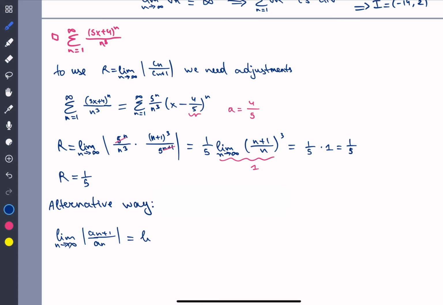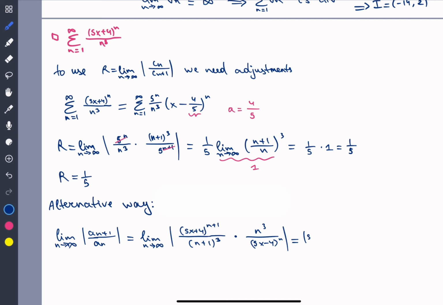So we have the limit as n tends to infinity, absolute value of 5x plus 4 to the power of n plus 1 over n plus 1 to the power of 3 times n to the power of 3 over 5x plus 4 to the power of n.